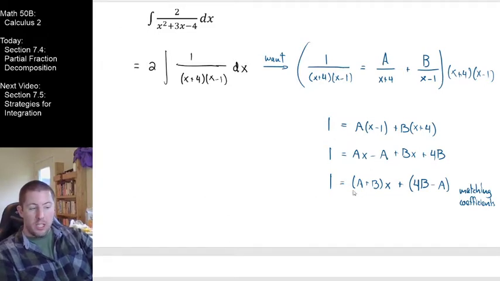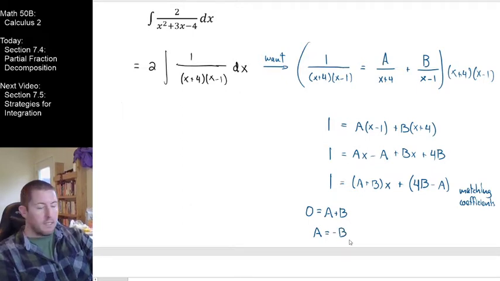So the one equation that I can write is I can say, I want to match my x coefficients on the right with my x coefficients on the left. That's going to tell me there's 0x on the left, and there is a plus b x on the right. So it must be that a is equal to negative b. It's got to be the case.